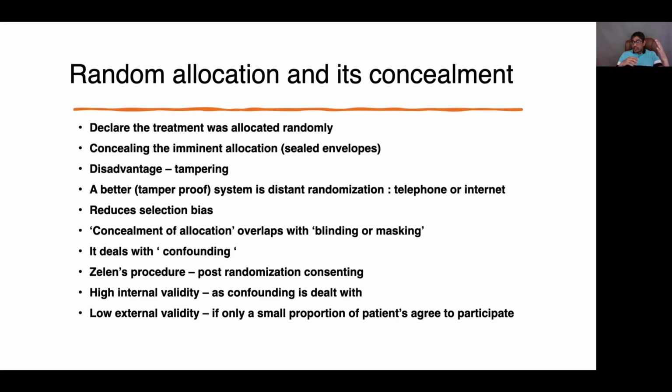So the randomization precedes the consenting, which is called Zelen's procedure. This carries high internal validity and deals with any confounding effect. Unfortunately, it has low external validity due to the small proportion of patients who agree to the treatment.